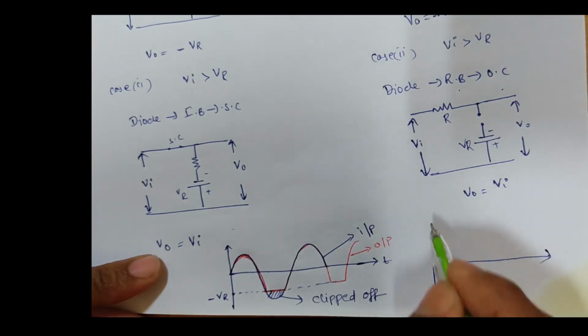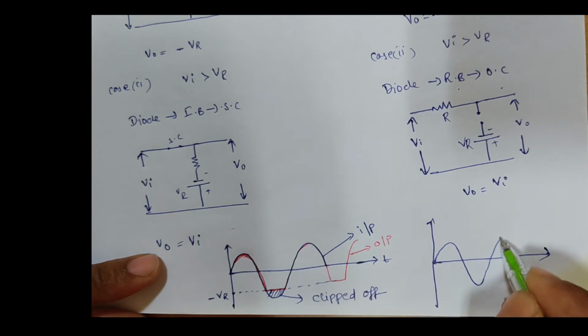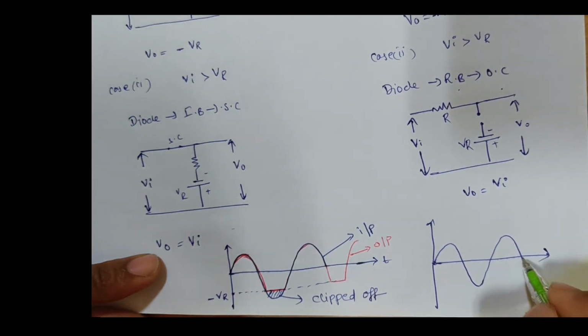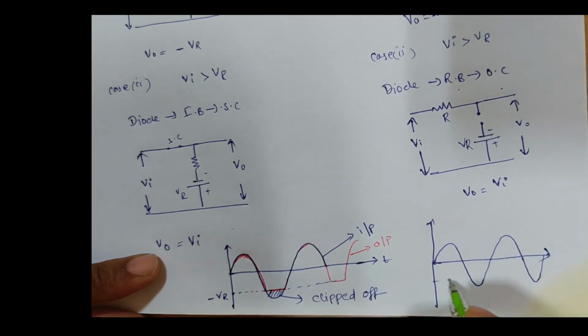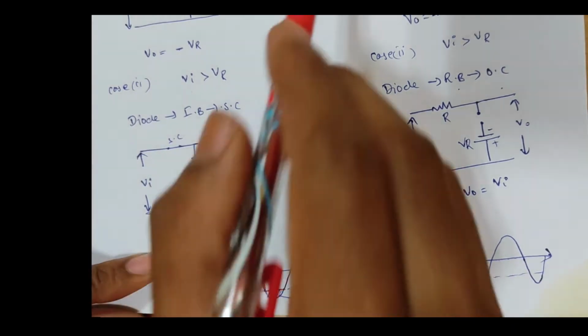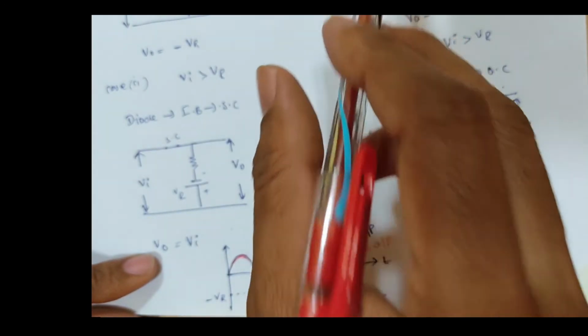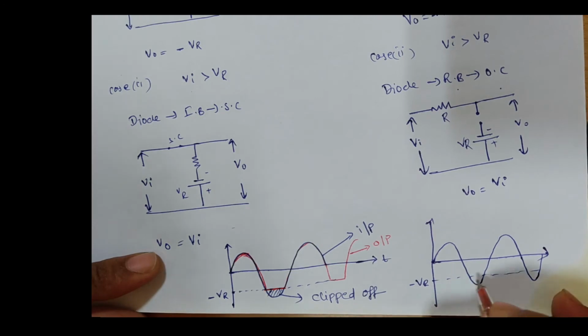This is our input. So here I am indicating our VR, minus VR. When input is less than VR, that means below the VR level, V0 equals to minus VR only.